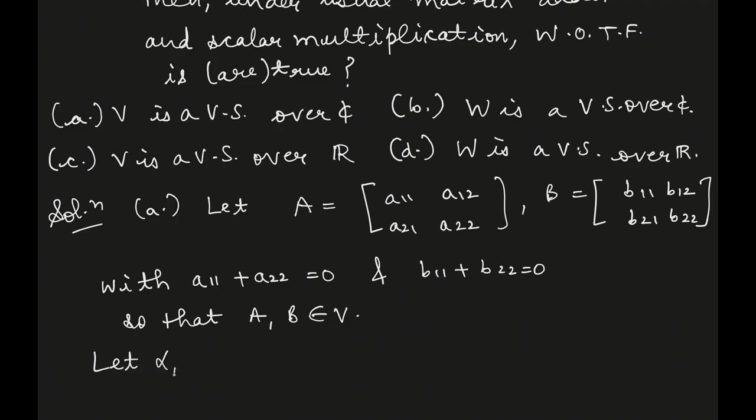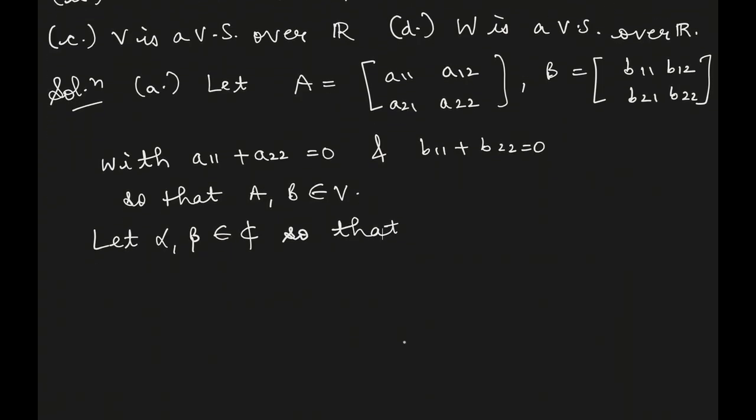Now let alpha and beta belong to complex numbers because entries are from complex numbers, so that alpha A plus beta B.